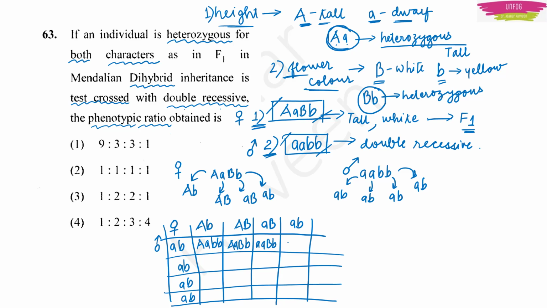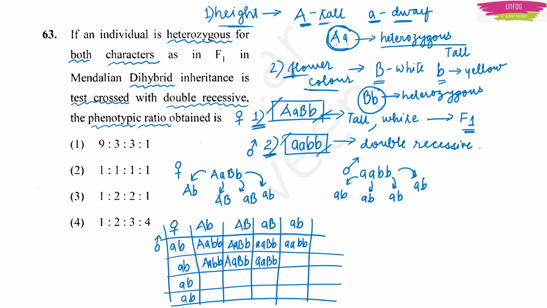Then again we have small a, small b, small b. Then next we have to cross with this character and this character. Capital A, small b, small b. Then again we have capital A, capital B, small b. Then again we have small a, small a, then capital B, small b.